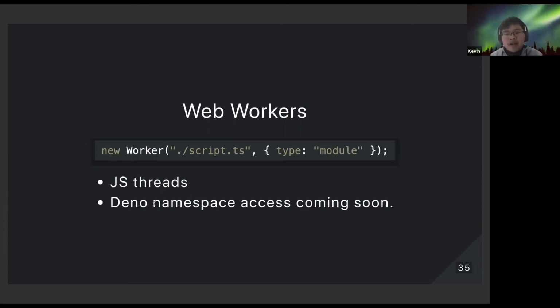We'll probably provide some options that allow you to turn on the Deno namespace in workers. This is actually a pretty debatable decision, but anyway, it's work in progress, and we are trying to align this worker API as close to the browser as possible.